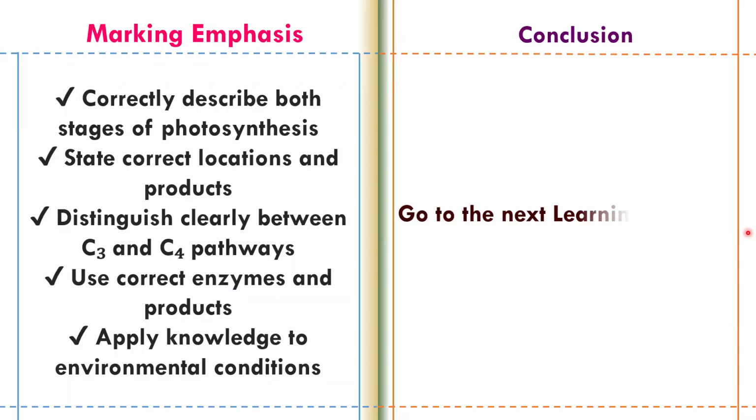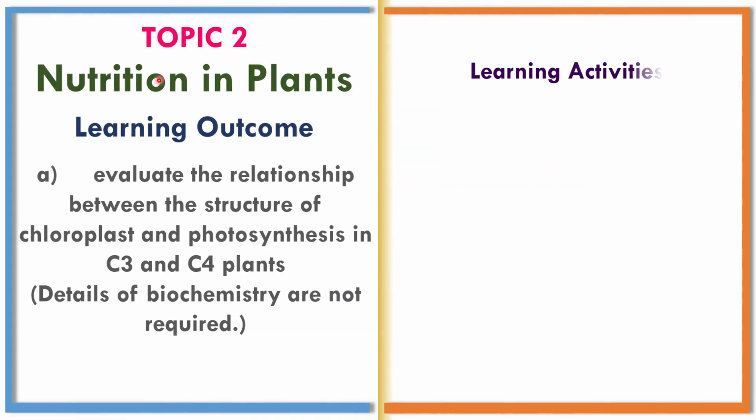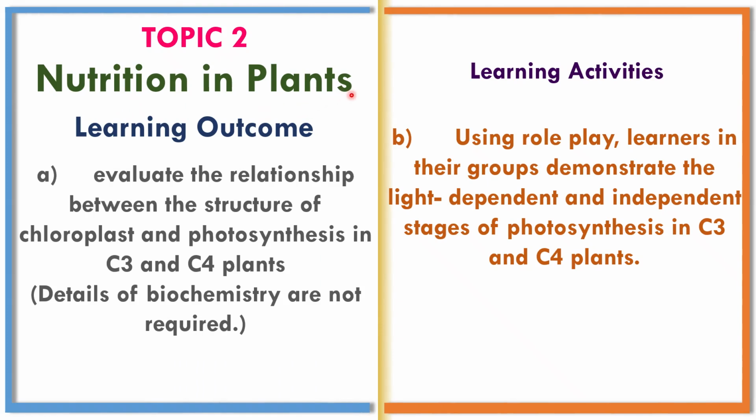Conclusion: go to the next learning activity. Thank you for participating in Topic 2, Nutrition in Plants. Learning Outcome A: evaluate the relationship between the structure of chloroplast and photosynthesis in C3 and C4 plants.